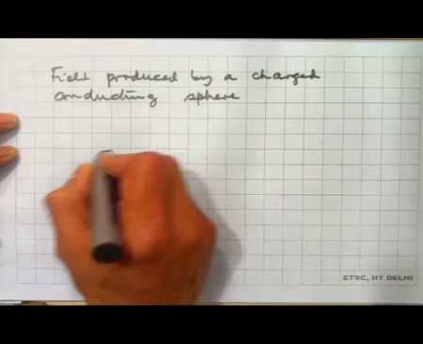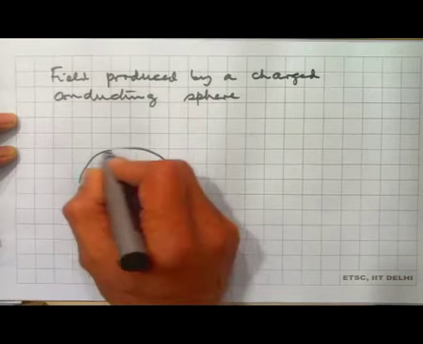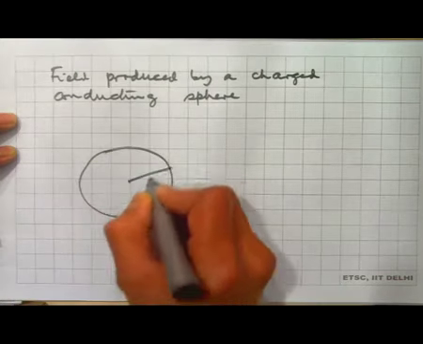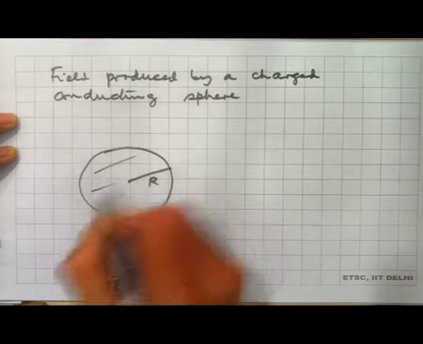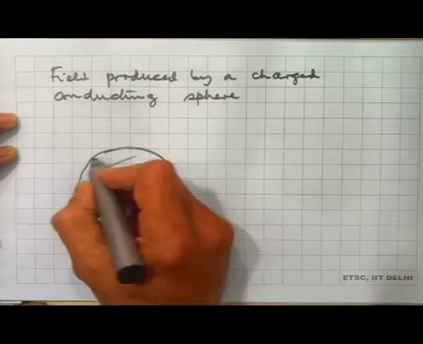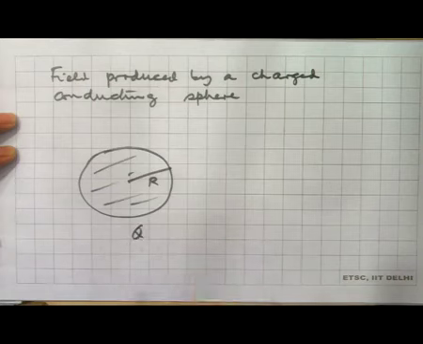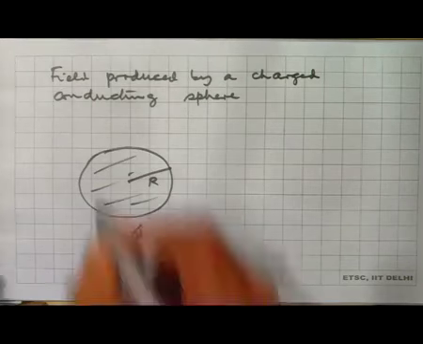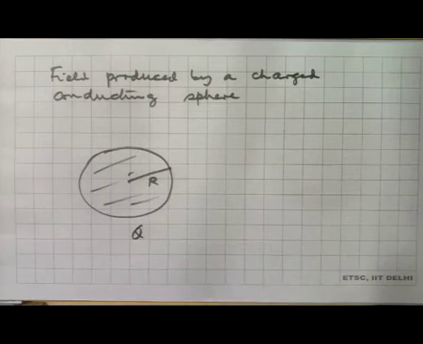So, my problem is I am given a spherical conductor of radius r, and I have thrown in some excess charge into this. The excess charge which I have thrown in is capital Q, and now my problem is, what is the electric field produced by this charge distribution?